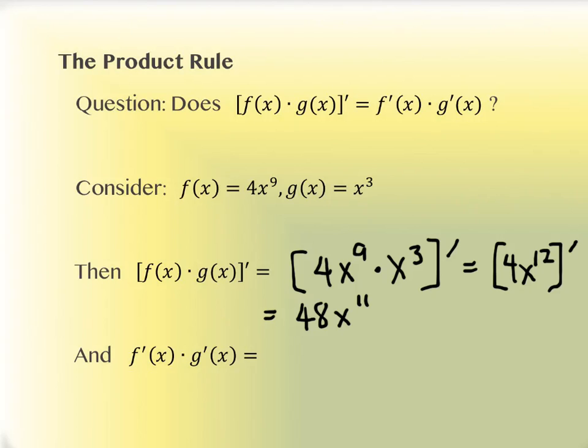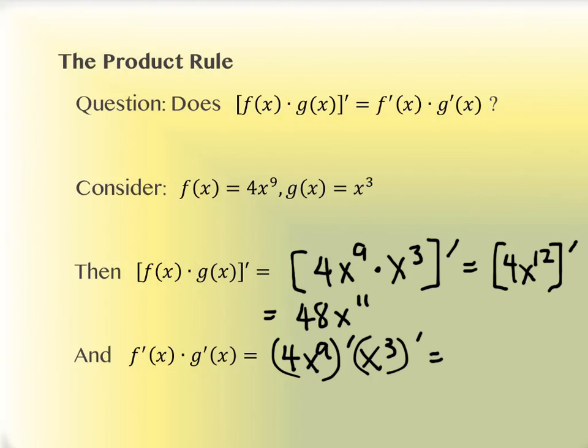Our question is, could we have taken the individual pieces' derivatives first and then multiplied? So in other words, gone the other order. Instead of multiplying and then doing a derivative, could we have done the derivatives of each of them and then multiplied? So we're going to try that. If we take 4x to the 9th and do the derivative, and take x cubed and do the derivative, what's the derivative of 4x to the 9th?